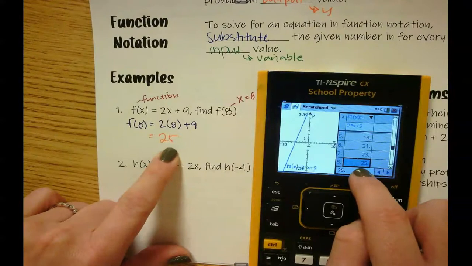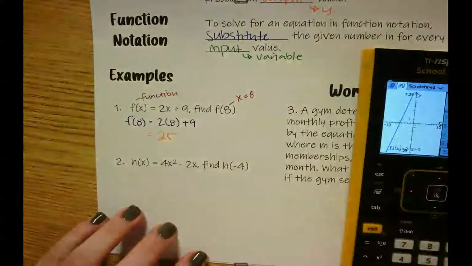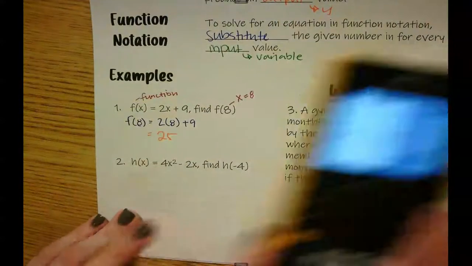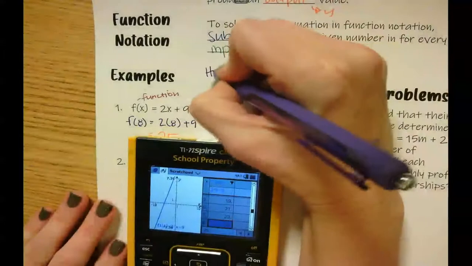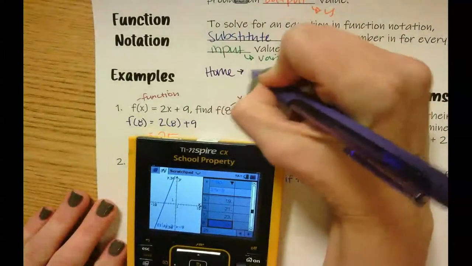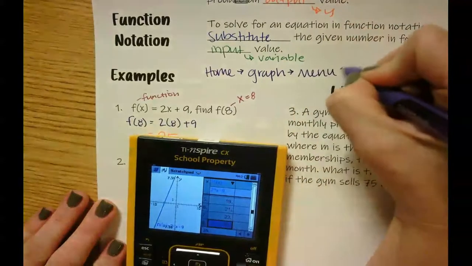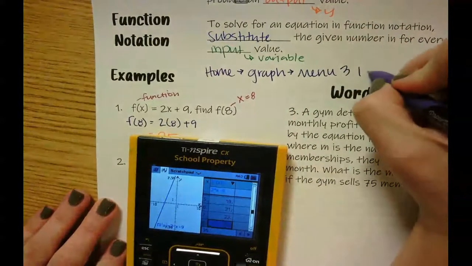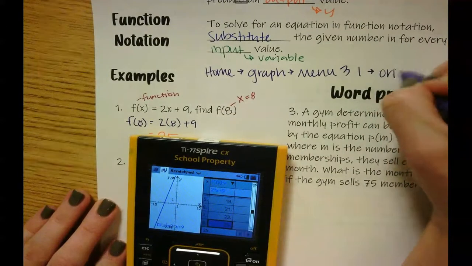So I'm going to show you again both ways. Let me go ahead and write that. If we want to go, we're going to go home, and we're going to hit the graph. We're going to go to menu 3, 1, and we're going to type in the original equation.